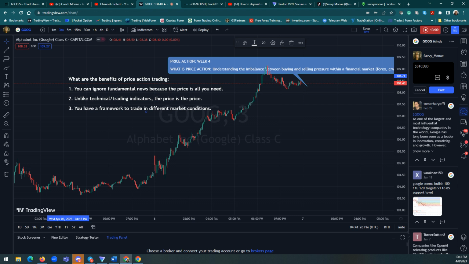Now, let's look at this. Price gives you an objective view of the market without manipulation. Most trading indicators work by applying a formula to the price. For example, a 200-day moving average calculates the average closing price over the last 200 days. Now, there's nothing wrong with using indicators in your trading, provided you understand how they work. But if you don't, you will be manipulated by trading indicators.